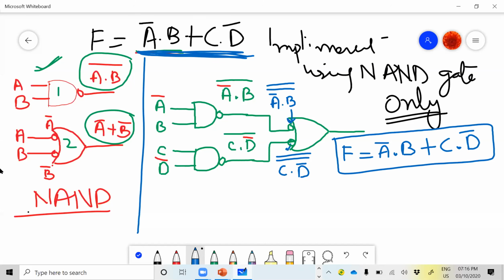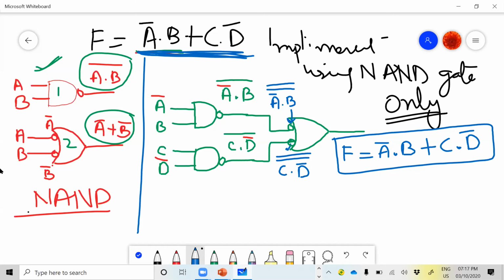Yes. Hope it is clear that these two representations help me implement the function. And see, I didn't use any other gate, I just used NAND gates, but with two different representations so that we can easily implement.